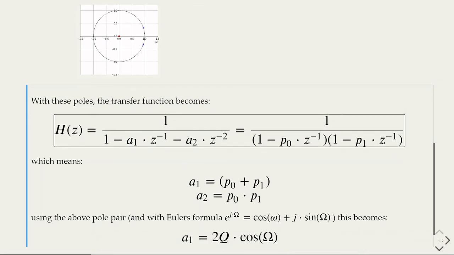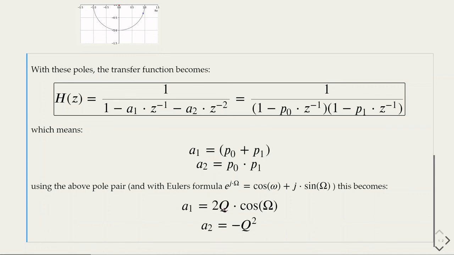If we use the above pole pair, and remembering Euler's formula that e to the power of j omega is equal to the cosine of omega plus j times the sine of omega, this becomes A1 is 2q times the cosine of omega, and A2 is minus q squared.